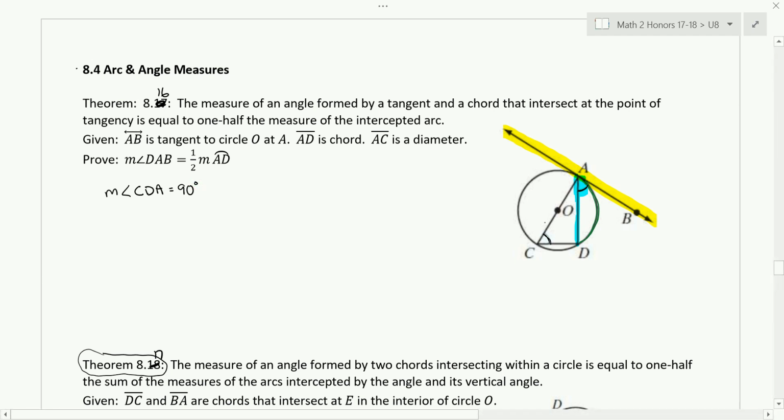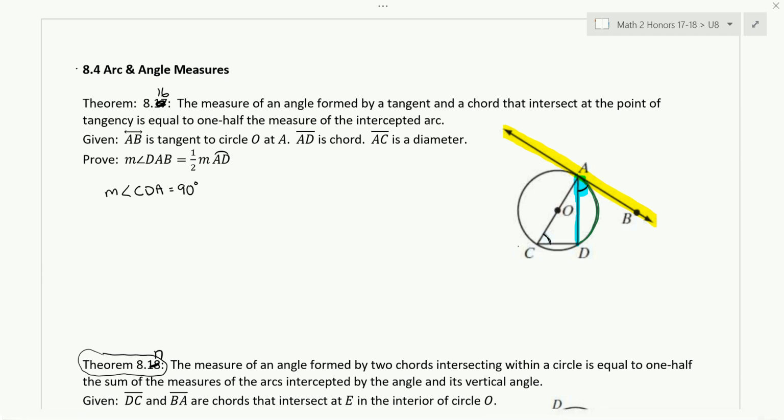AC is the diameter, yeah. And besides being a right angle in the circle, what kind of angle is that? Inscribed angle. And what's the measure of this arc from A to C? 180. And so half that measure is 90, so you know it's a 90-degree angle.